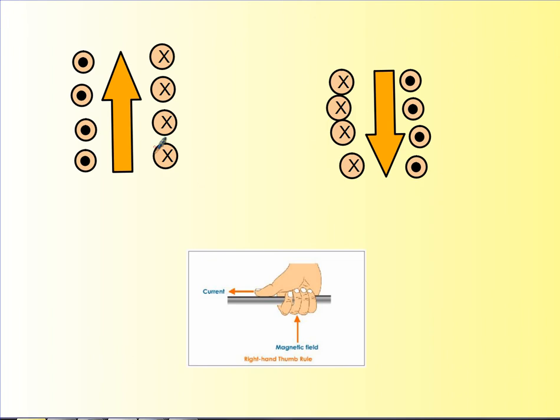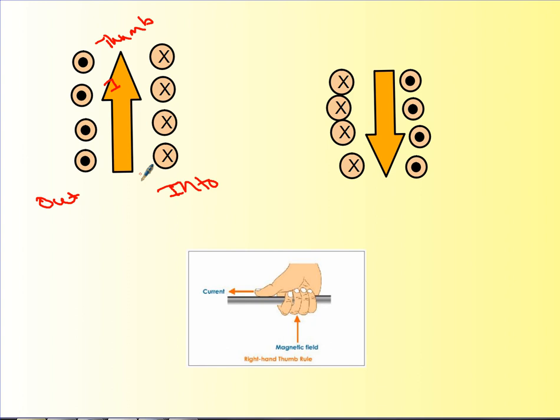This is just an example of how we draw the magnetic field around a wire. In this case, the current is going up. So this is your current, so put your thumb going up. When you grab the wire, you see here it's coming out of the page on the left side, and it's going into the page on the right side.